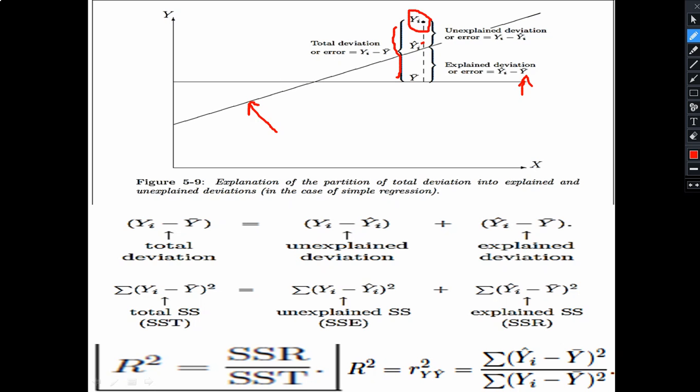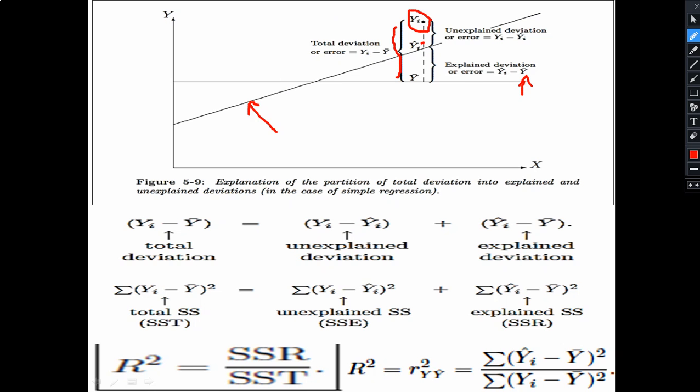When we look at this formula, we find that the total deviation, which is the difference between any observation and its mean, yi minus y bar, is equal to the sum of two partitions. The first one is the unexplained deviation, yi minus y hat, plus, as shown in this figure, y hat minus y bar.